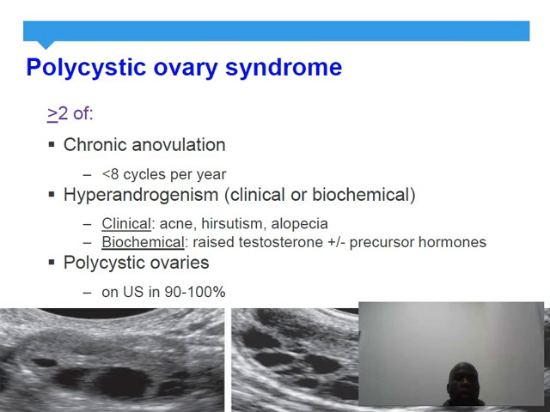And also, there's a condition called hyperandrogenism. Also, this can be clinical or biochemical. Hyperandrogenism is basically experienced by women when they have high levels of androgen. Androgen is a male hormone, a male hormone in a female body.